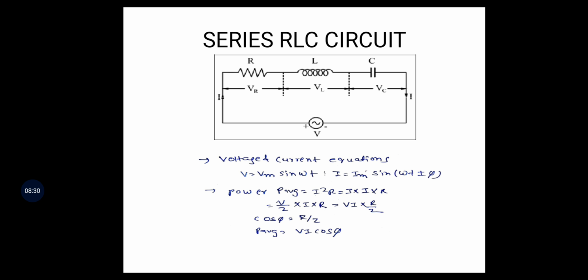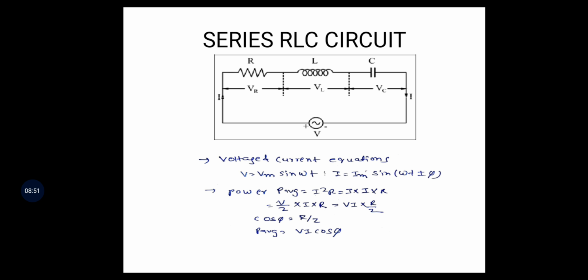if L dominates, plus phi occurs. If C dominates, minus phi occurs. The positive sign is to be used when XC is greater than XL.